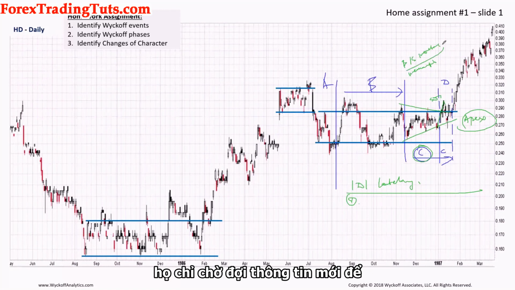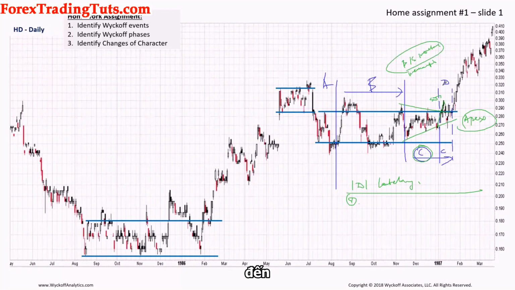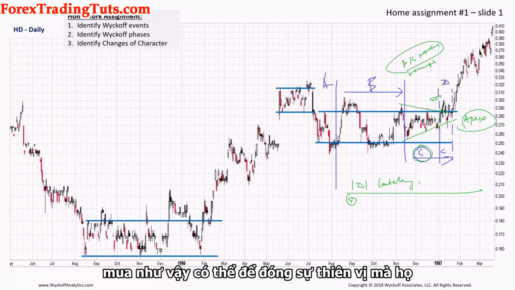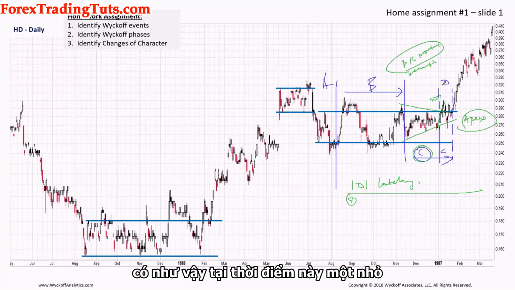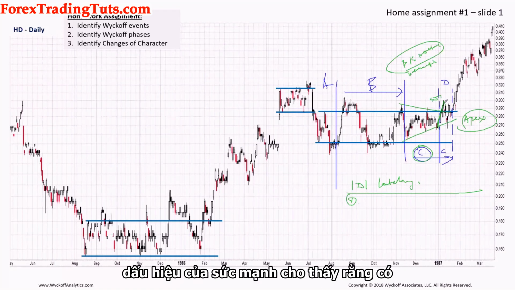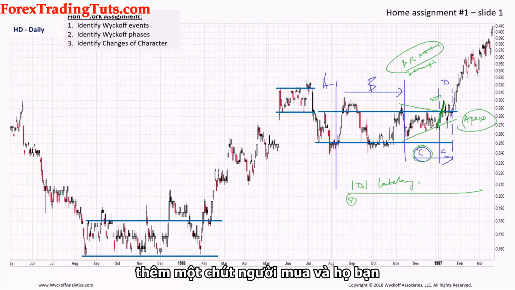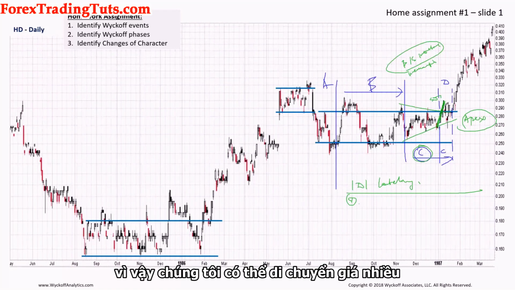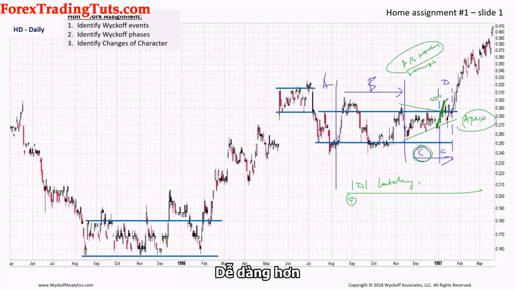They are just waiting for new information to arrive, either to act on the bias, or maybe to add to the bias, or maybe to close the bias that they have. So at this point, a small sign of strength suggests that there are a little bit more buyers, and their supply is exhausted at this point. So we could move the price much easier.